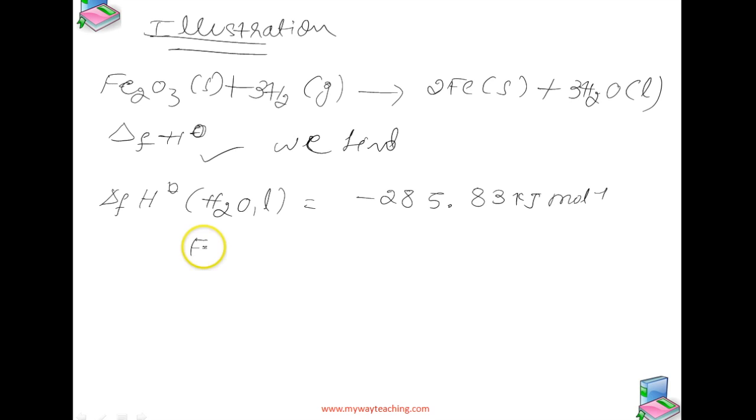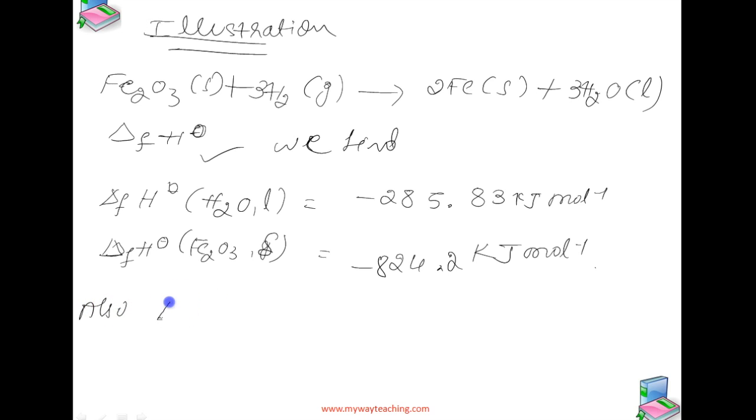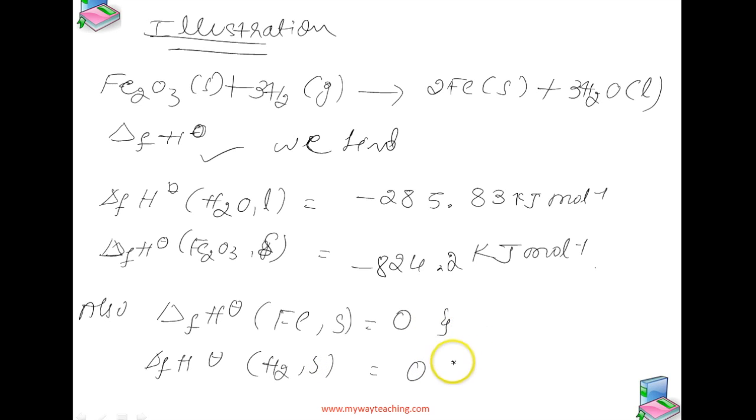and for Fe2O3 solid, the standard enthalpy of formation is minus 824.2 kilojoule per mole. Also for Fe solid it is 0, and the standard enthalpy of formation for H2 is 0 as per the convention.